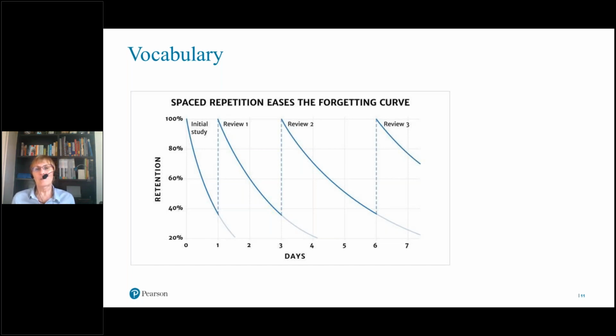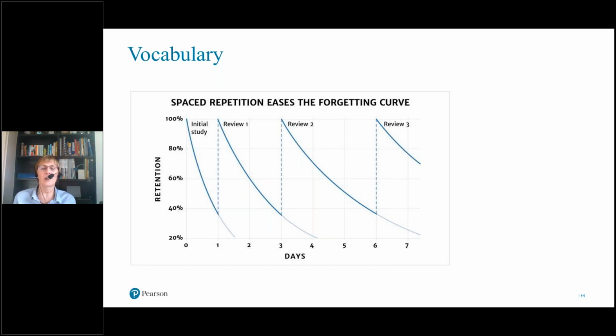So what Ebbinghaus and other neuroscientists since then are also seeing is what techniques we can use to help reduce the forgetting curve and to help keep things in our long-term memory. And one of these methods is spaced repetition, meaning that you study the language at different times over increasingly longer intervals of time.